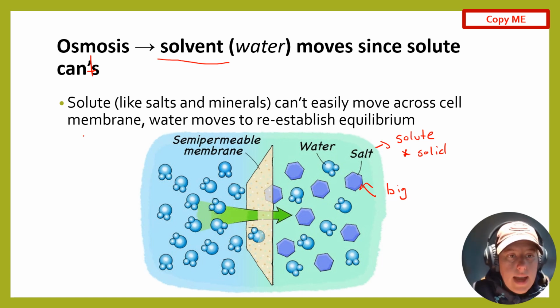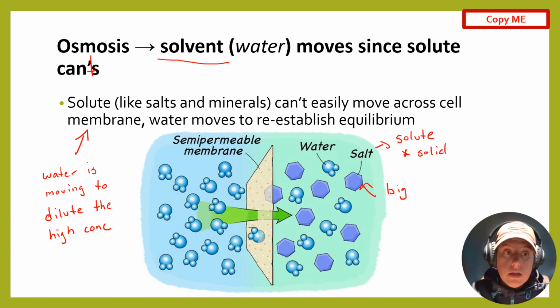So basically what's happening is that the water is moving to dilute the high concentration. Because the water is moving to dilute the high concentration, there is going to be a change in the size of the cell. It's either going to get bigger because water has to enter the cell, or it's going to get smaller because water has to leave the cell.